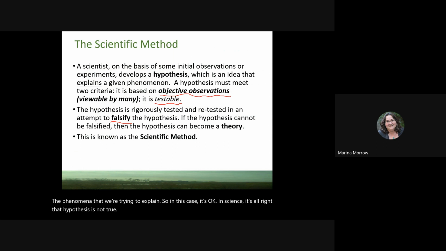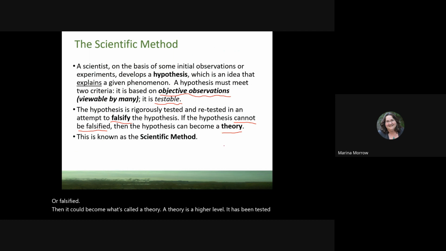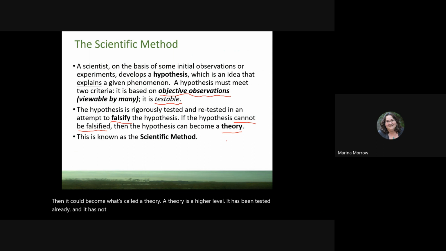Now, if you test it many, many times and it cannot be falsified, then it could become what's called a theory. A theory is a higher level. It has been tested already and it has not been falsified. And so theories are very solid. Okay.